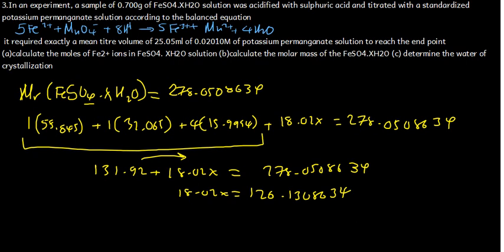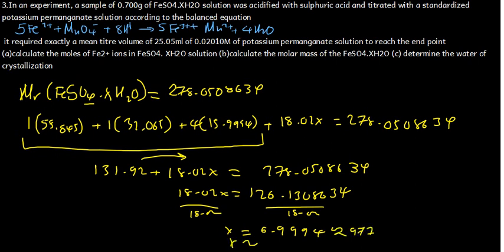Now divide by 18.02 on both sides. So x then is going to give us 6.999422977, and so this x approximates 7. So that is the order of crystallization then, which is 7.